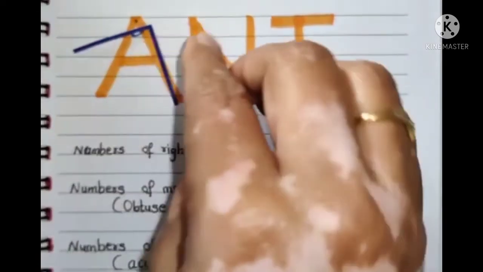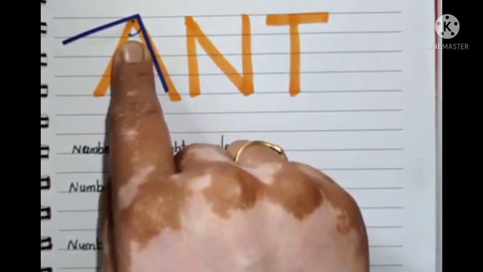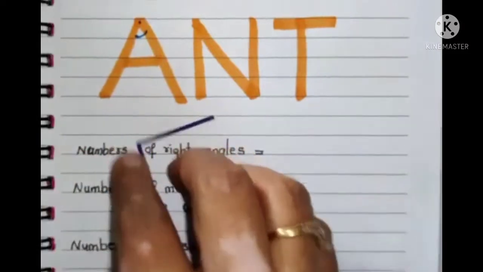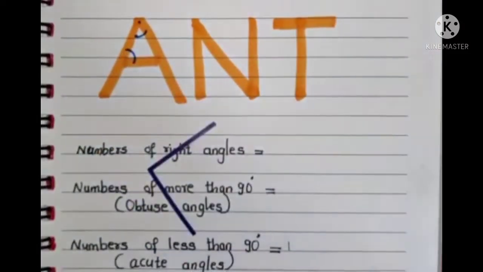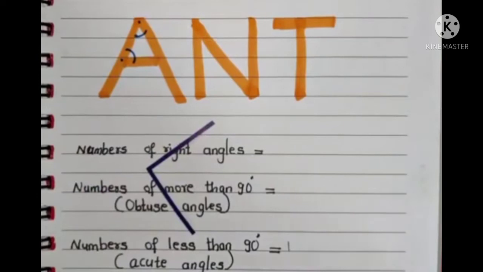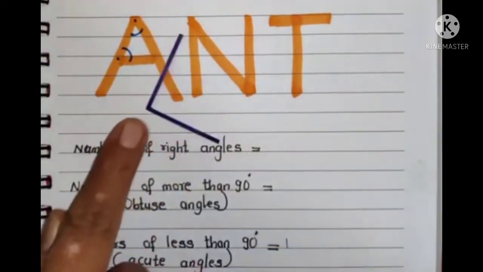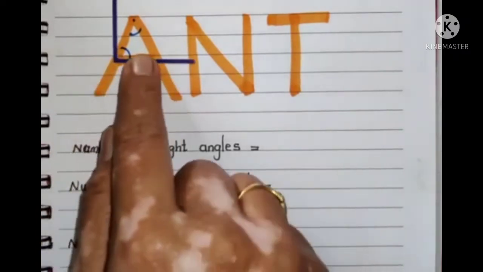Now I'm going to turn this. The same angle is there, so we need not write it again. Now we'll find out this angle. Okay, what angle is there? The vertex is here. We are going to keep the angle's vertex on this vertex like this.